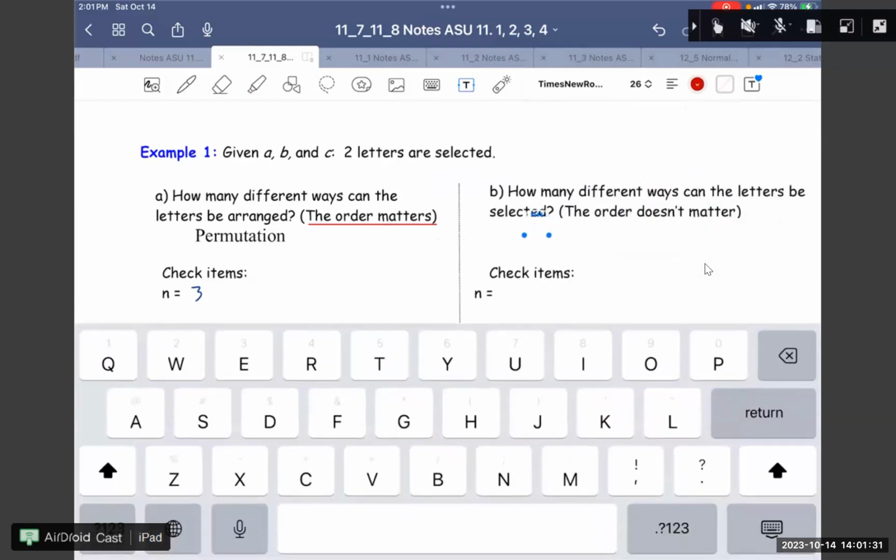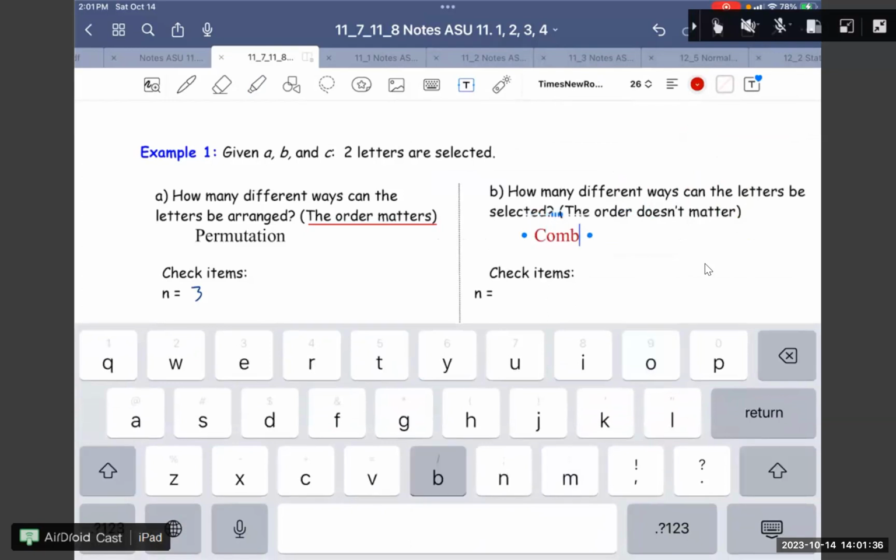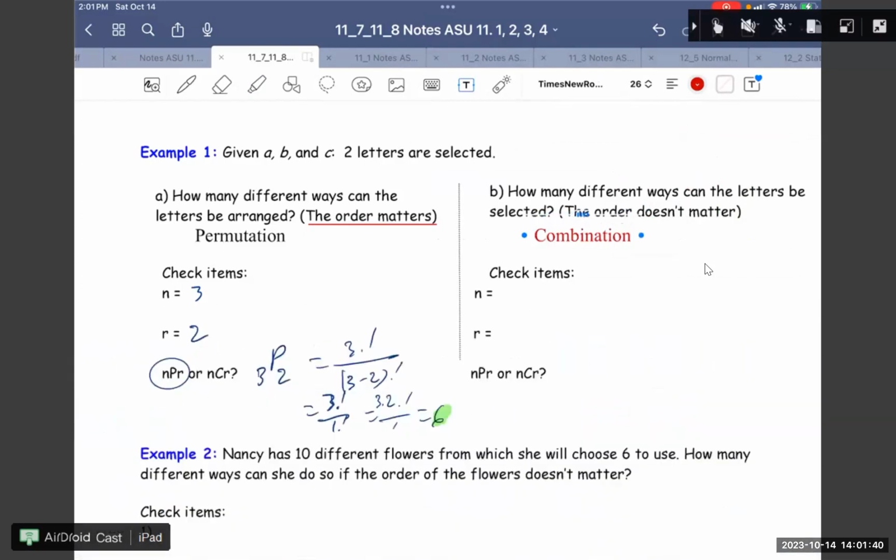How about for this one? And for this one, we have combination. We can do the same thing. N is 3, R is 2. So we pick combination, right? So now we get 3 C 2. So 3 factorial over 3 minus 2 factorial times 2 factorial.